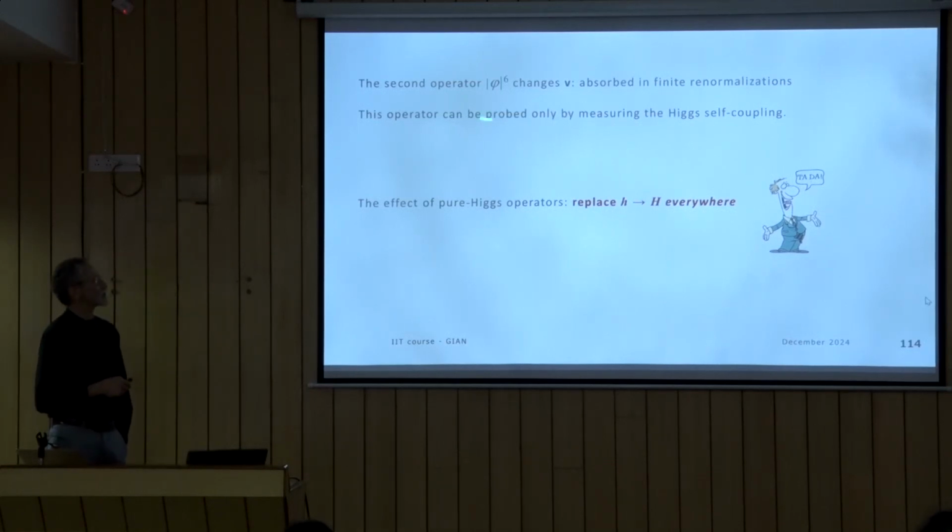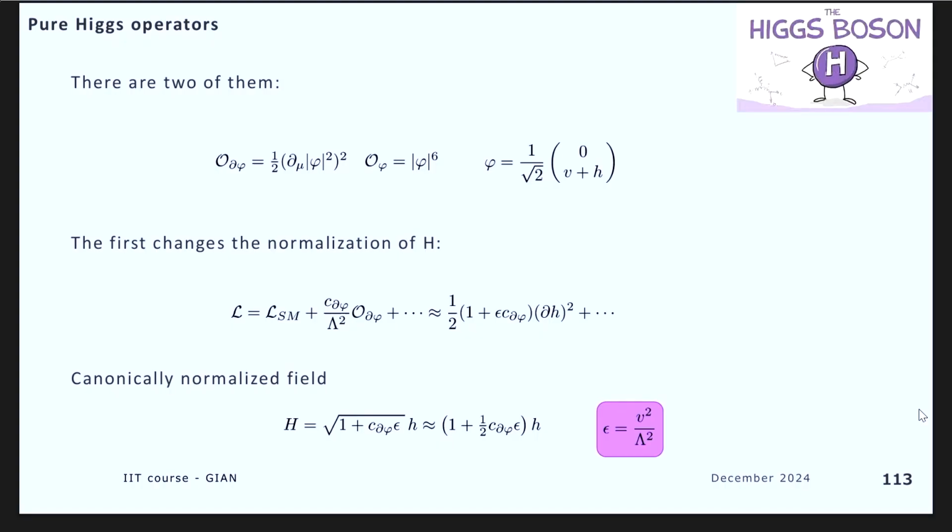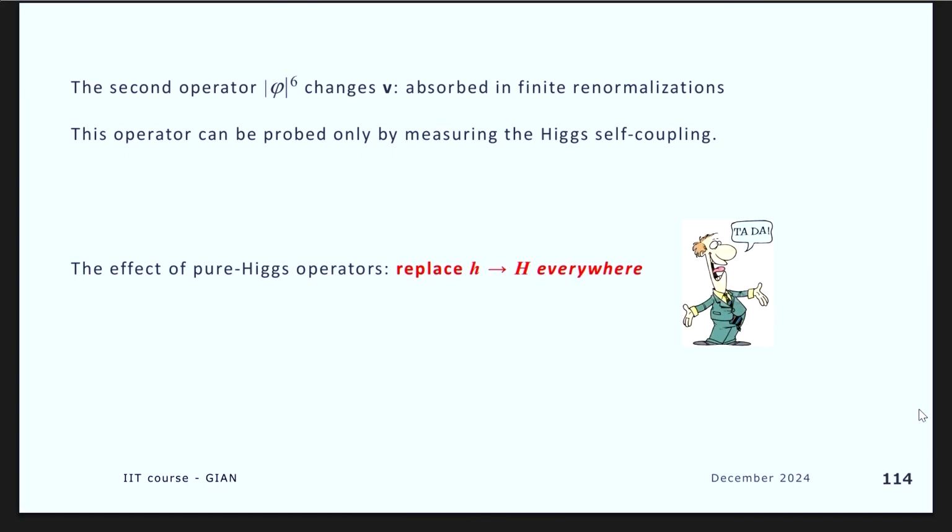And so I will not talk about this guy. What is important is that what this does is change the canonical normalization of the field. And in order to return to a properly normalized field, one has to replace little h by H everywhere. That's it. That's what the pure Higgs operators do.